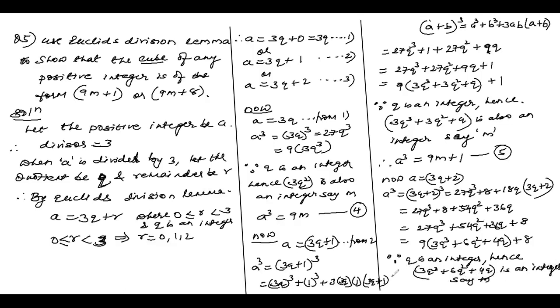Therefore, what will happen? a cube equals 9m plus 8. I call this statement number 6.